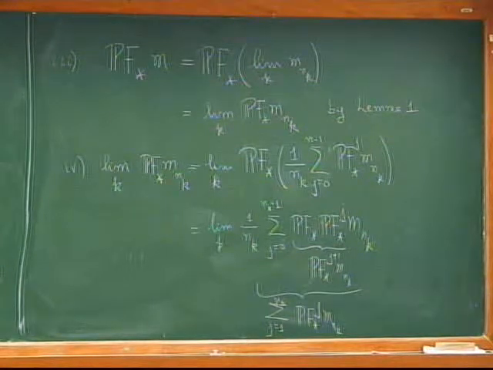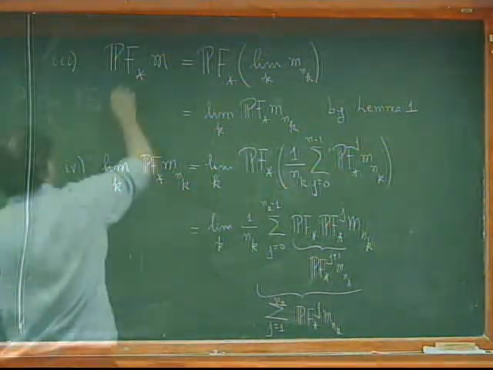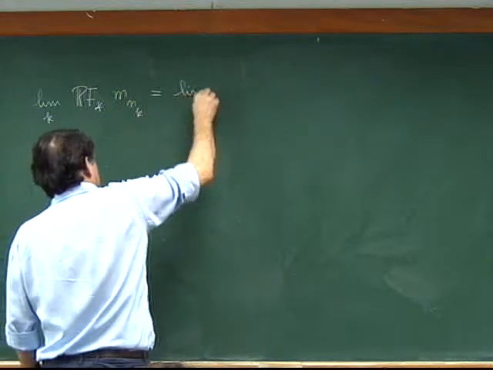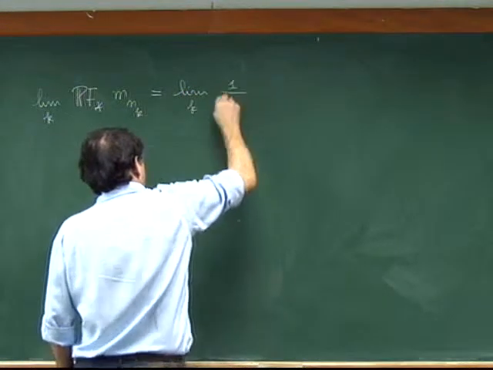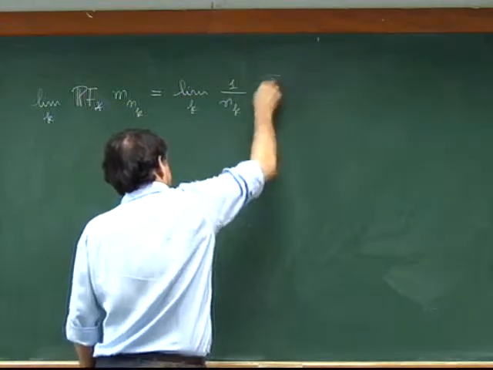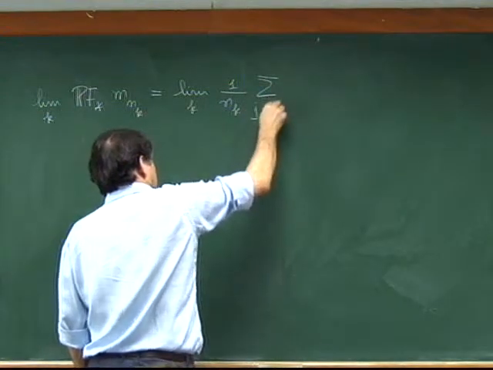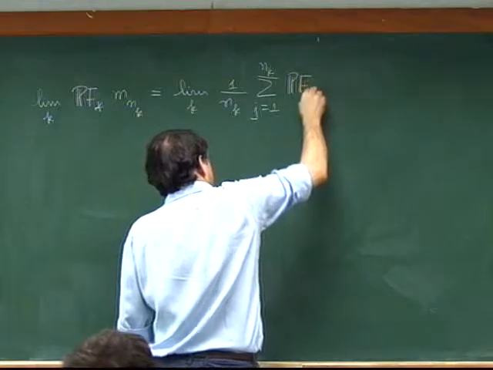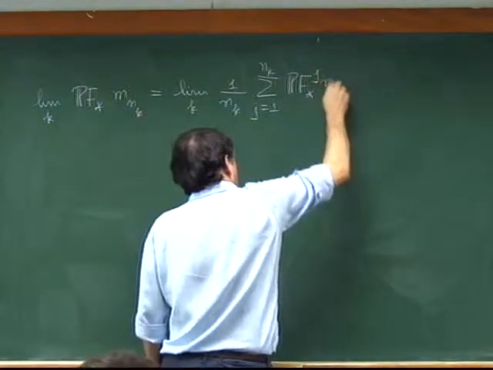So what I have so far is that the limit of Pf star of mnk is the limit of 1 over nk sum j from 1 to nk of Pf star j of m0.